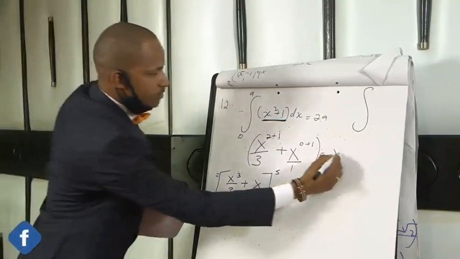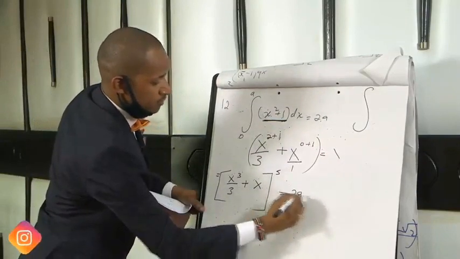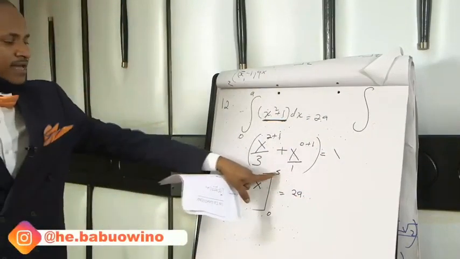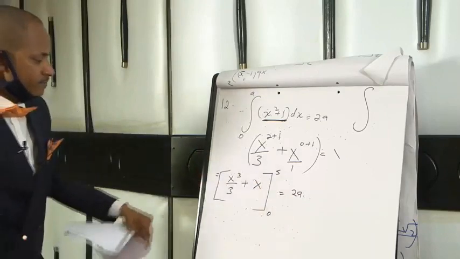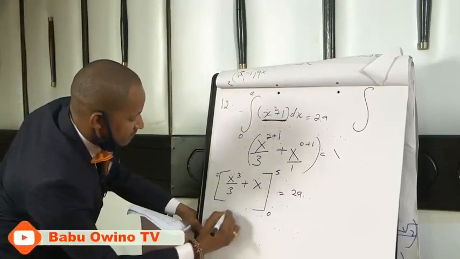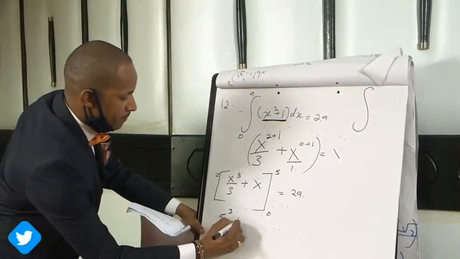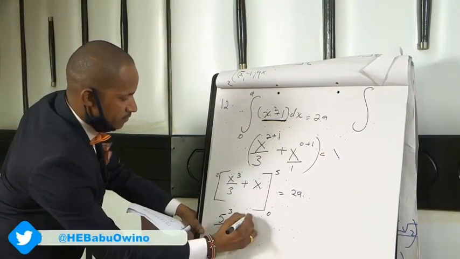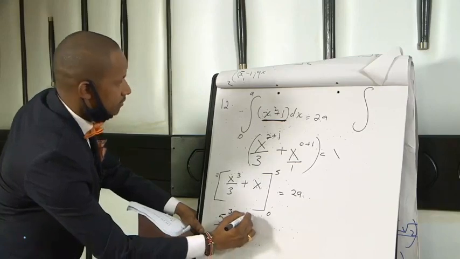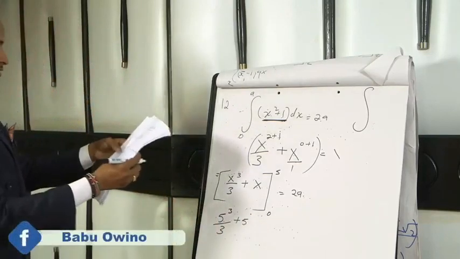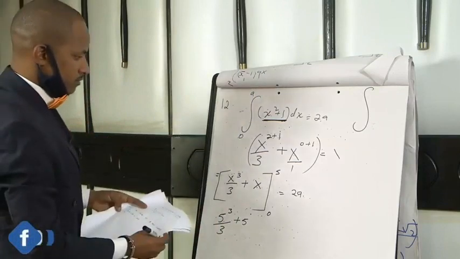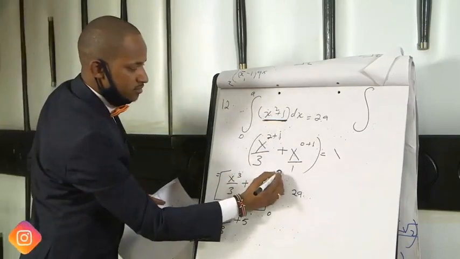So this value equals 2a. Again, just replace where there is x. In this case, it is not 5, it is a, sorry.